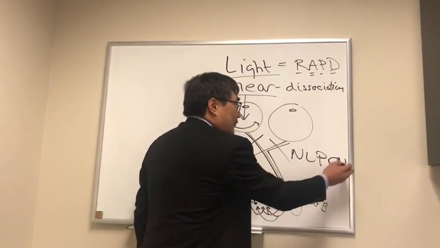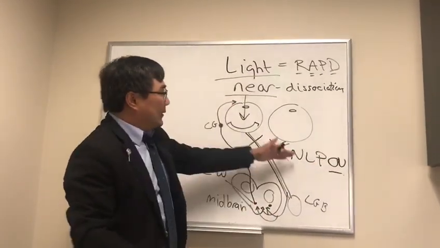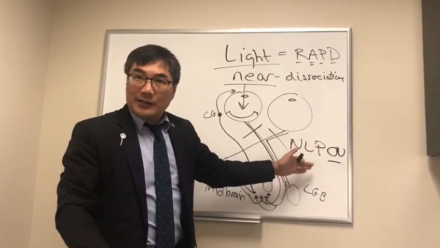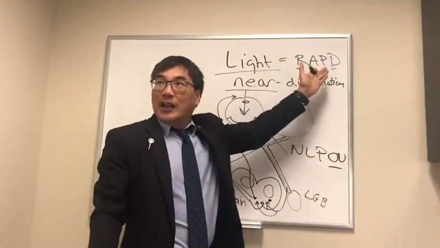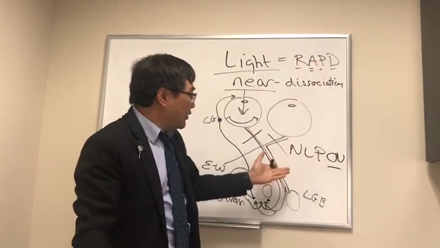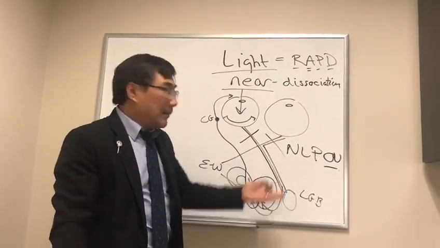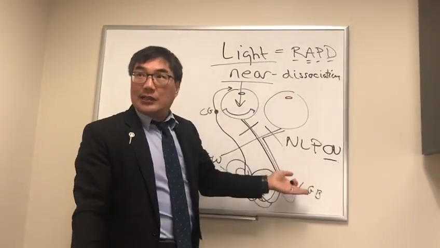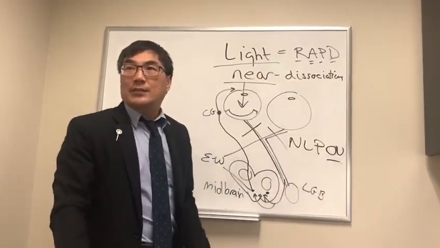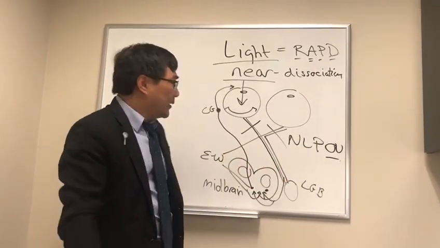So one cause of light near dissociation is bilateral or unilateral afferent disease. Normally in the unilateral, we can rely upon the RAPD because it's relative. We don't have to use the light near dissociation. But in a bilateral, you have to use the light near dissociation to assess the afferent pathway because you don't have an RAPD because it's bilateral and symmetric.